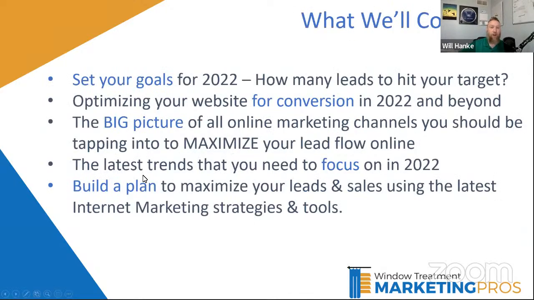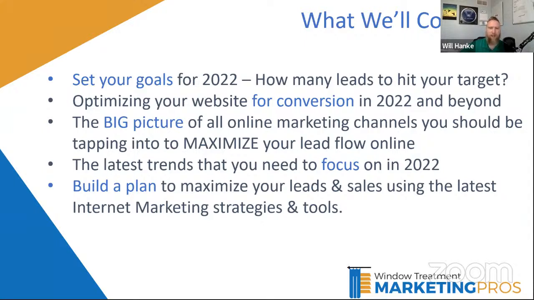So here are some things we will cover in detail. Your goals for next year, and how many leads you need in order to hit that goal. We're going to talk a little bit about things you can do on your website to optimize specifically for conversion. And we focus on conversion a lot. You can have a great looking website, but if it doesn't convert people from visitor into customer or potential customer, then it's just a pretty website that's not doing a lot for your business.